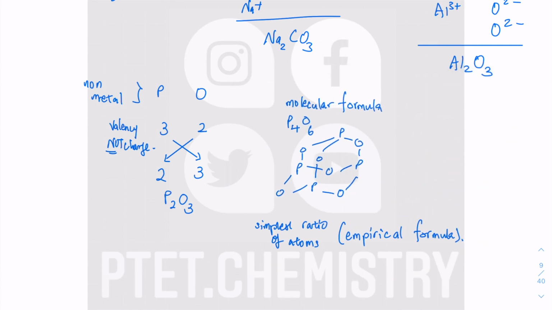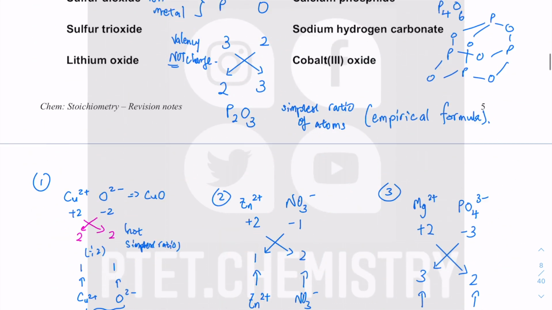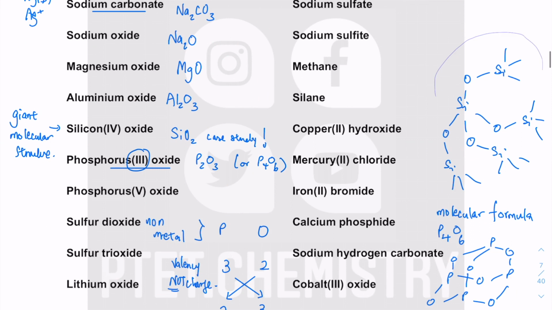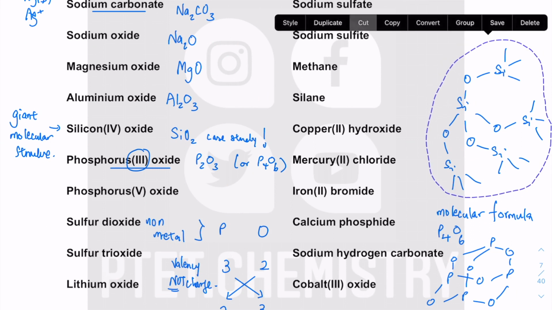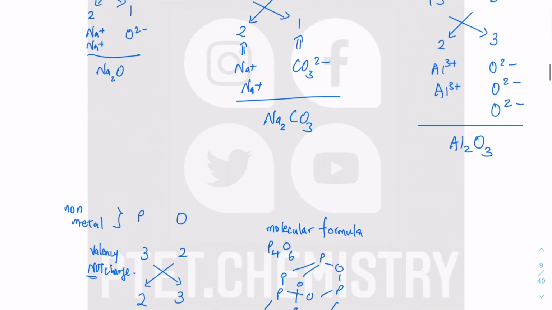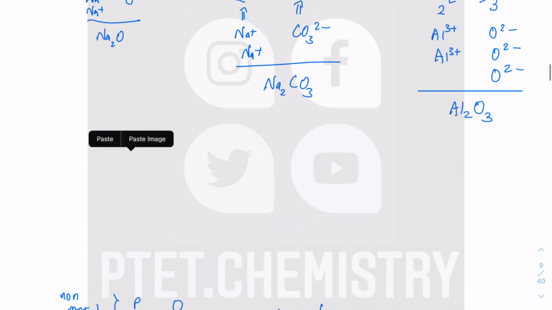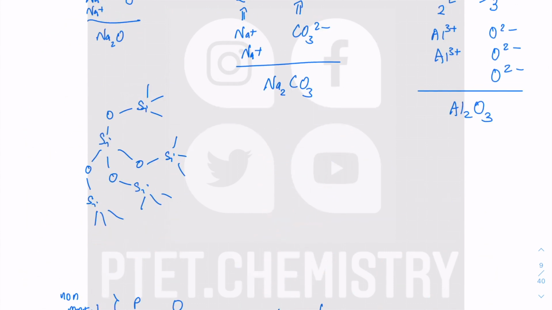And that is for that thing there. And I also need to bring down my SiO2, which I don't want to leave up here. I'll just cut this one, and then I can paste it somewhere down there. So there's a silicon 4 oxide, SiO2, giant molecular.